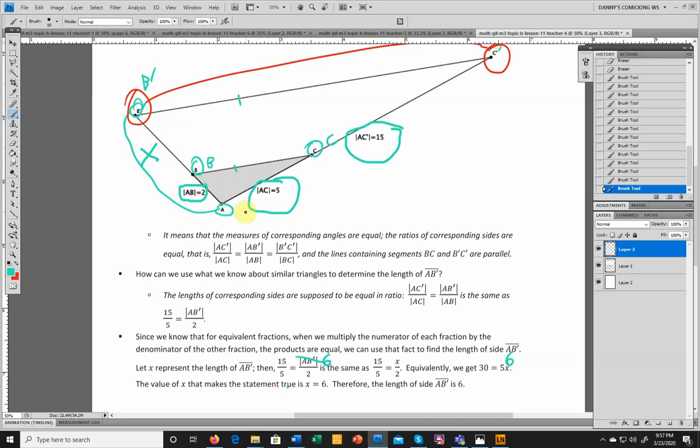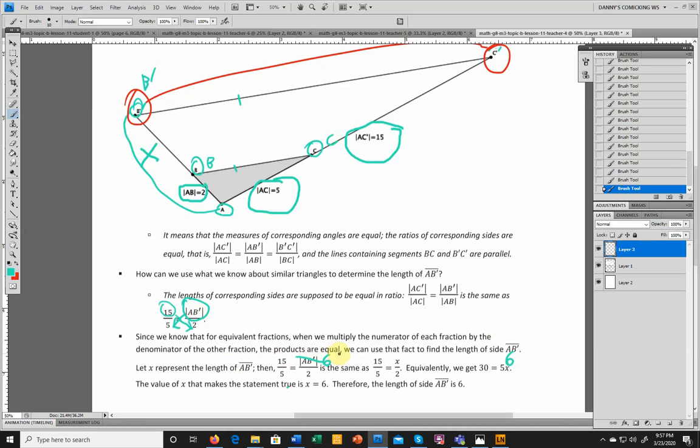Since we know that for equivalent fractions we must multiply the numerator of each fraction by the denominator of the other fraction, it's cross-multiplying, you guys.